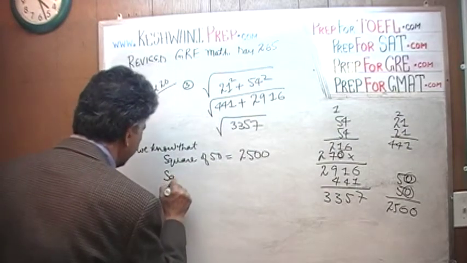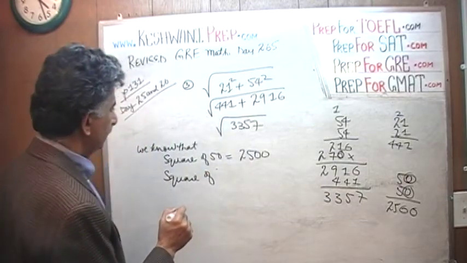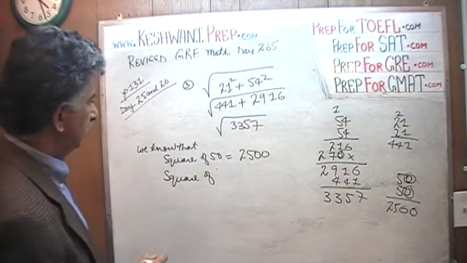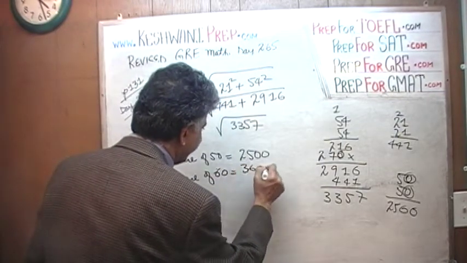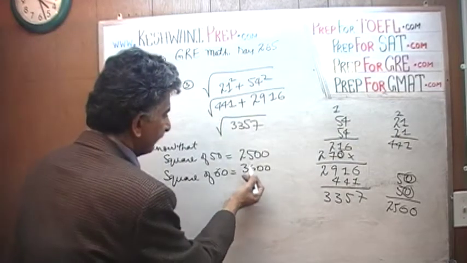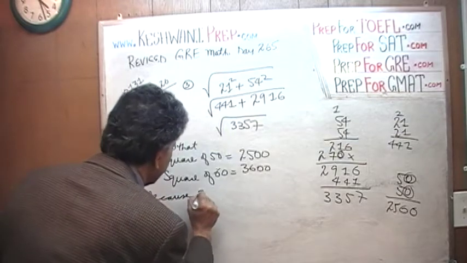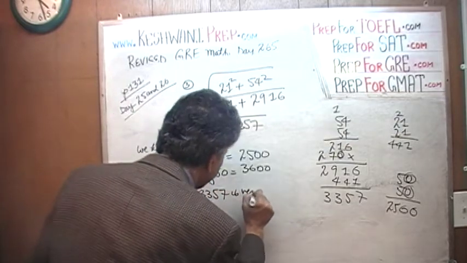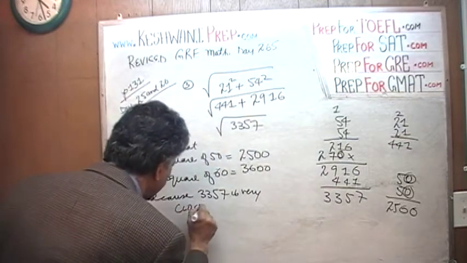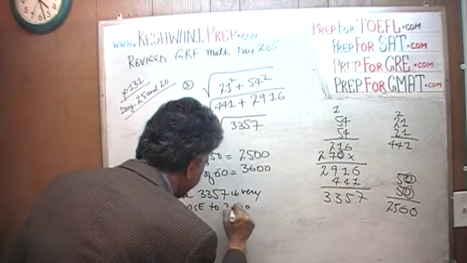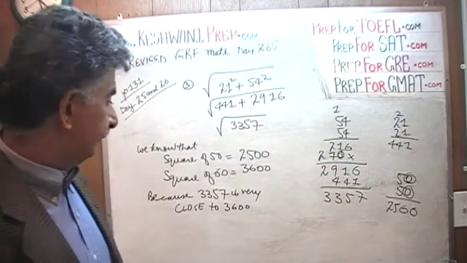Similarly the square of 60 is going to be 3600. This is 3600, this is 2500, because 3357 is very close to 3600. Square root of 3357 is going to be very close to 60.